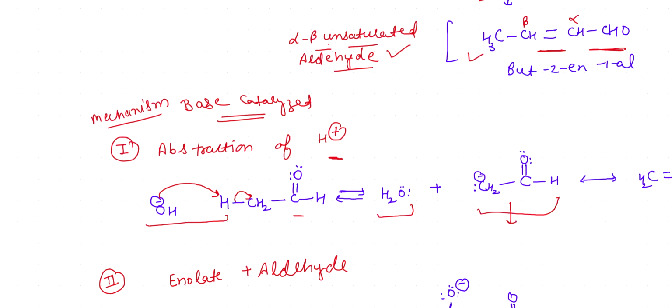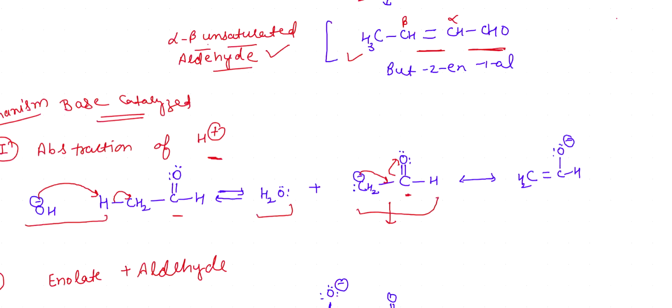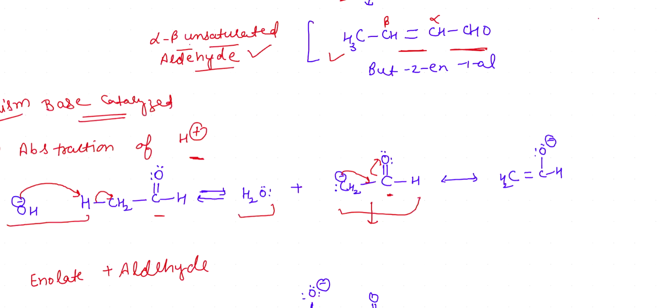Okay, so this carbon carrying a negative charge has an adjacent carbonyl group, so it can undergo resonance. When it undergoes resonance, it will form enolate as an intermediate. This is your enolate. Clear? So this is your transition state in which the intermediate enolate is formed.